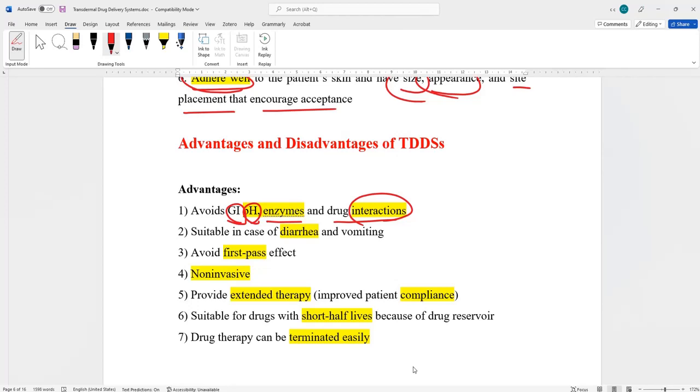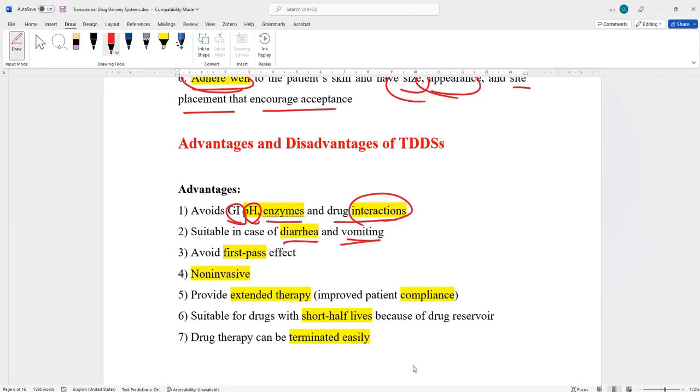Also, if someone is having diarrhea, you cannot give him something oral, or you will not prefer to give this patient something taken orally, because it will not stay in the GIT for long. The same is for vomiting. If someone is vomiting and you want to give him something oral, the drug might not stay enough in the GIT or in the stomach. It will be expelled out by the vomiting patient.